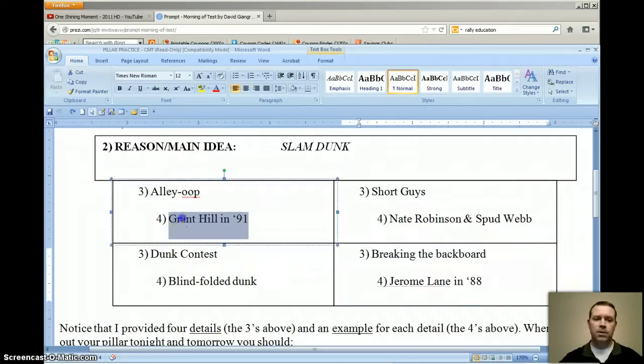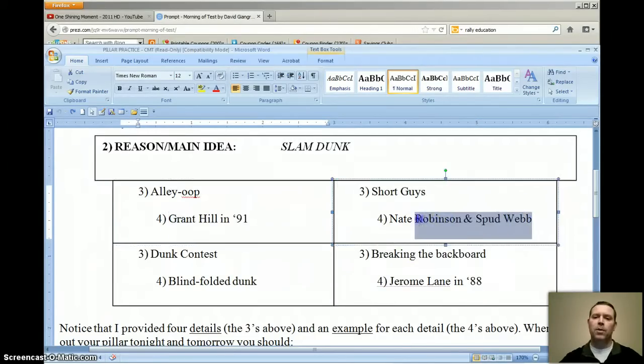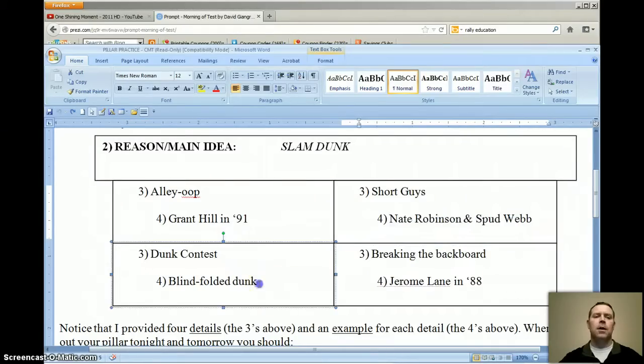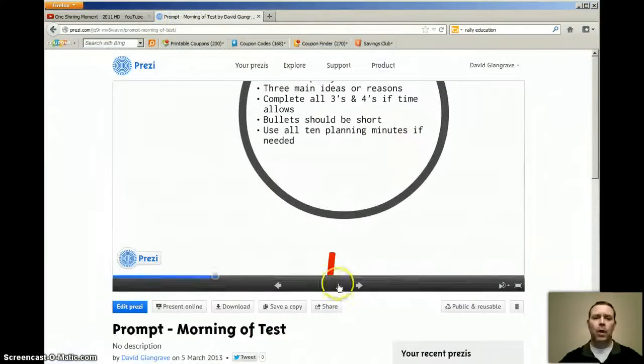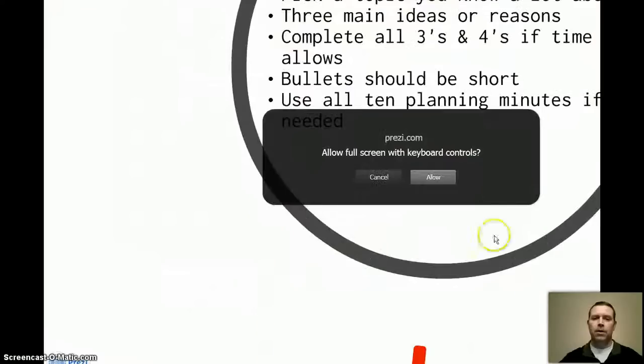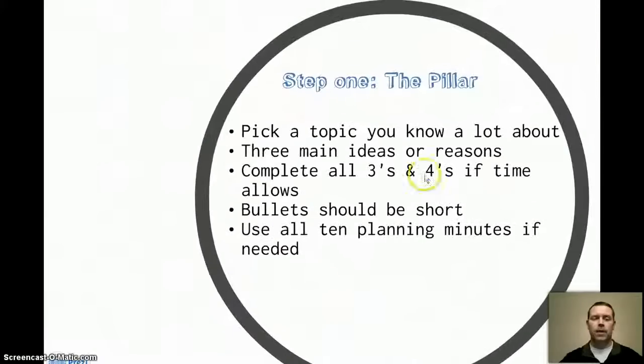So in my case, I talked about a specific alley-oop, a specific person or people who did slam dunks, a specific dunk from the dunk contest, and a certain time where a player broke a backboard. So that's what you're doing when you're doing your pillar. Okay? You're filling in all of your main ideas, then your 3s, and your 4s if time allows.